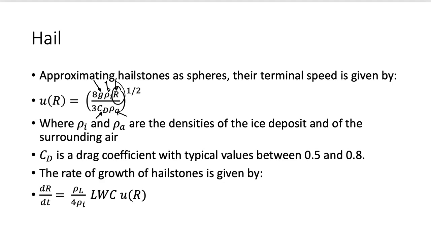The rate of growth of hailstones can be written in a very simple formula using the fall speed and the liquid water content, which we defined earlier. This is kind of similar to the formula that we had for the growth of liquid water droplets as they fall. Okay.